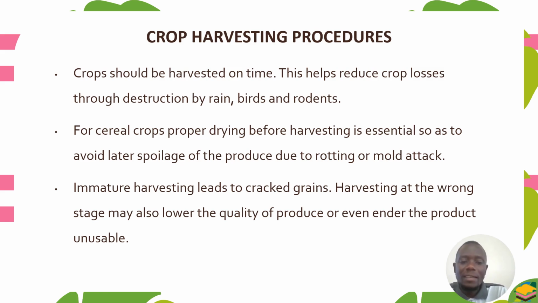Immature harvesting leads to cracked grains. Harvesting at the wrong stage may also lower the quality of produce or even make the produce unusable. So that's why you are advised to harvest the crops on time.